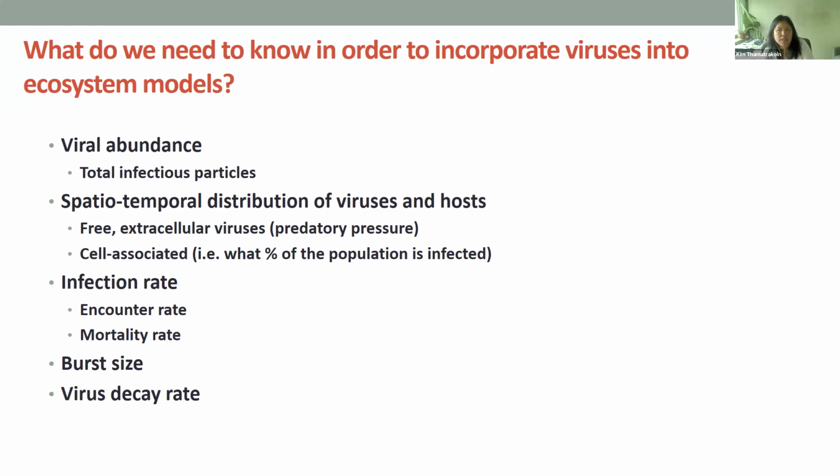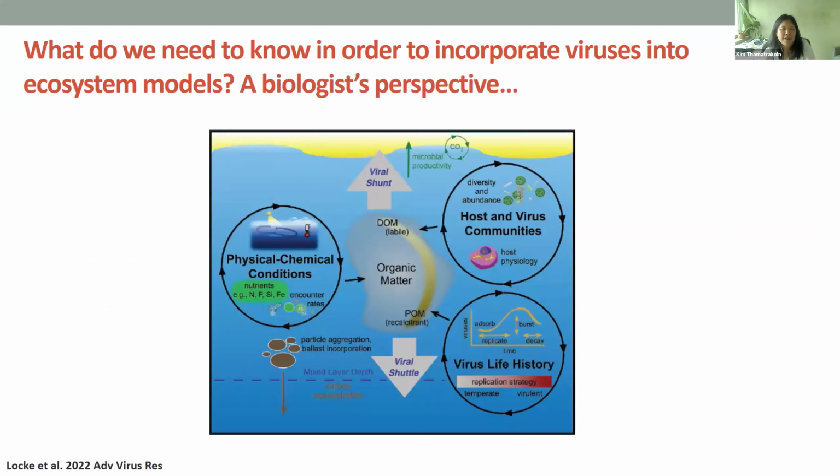And so this is a somewhat simplified view, and as many of my modeler colleagues have told me, biologists and biology tend to complicate this picture. And so when I think about host-virus interactions, I think of all the different aspects of the environment that could impact these different interactions.